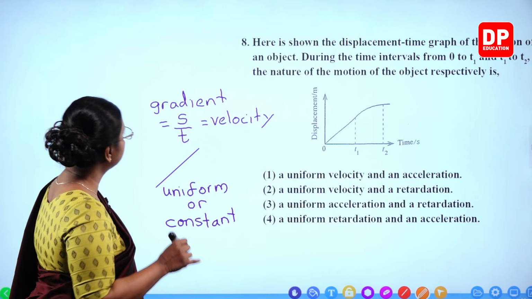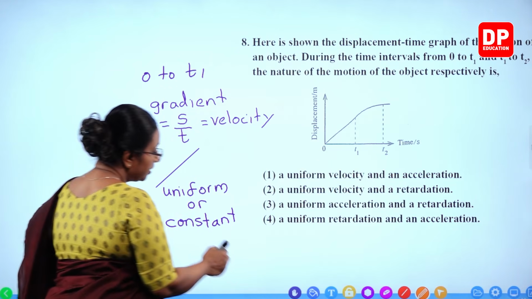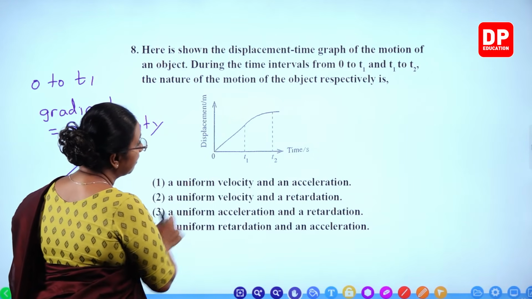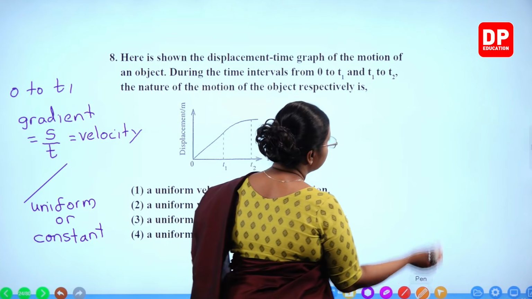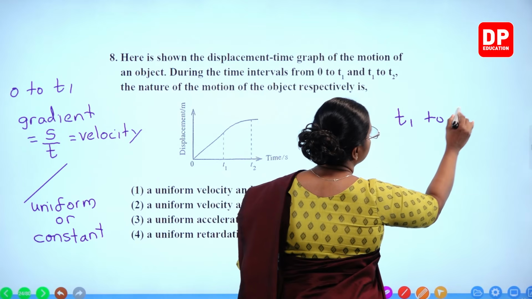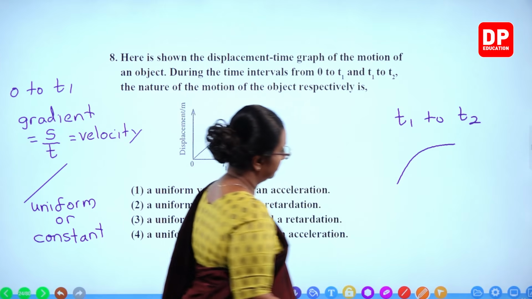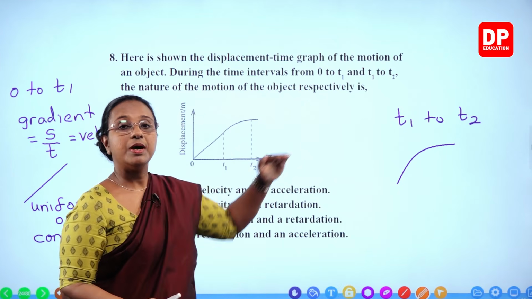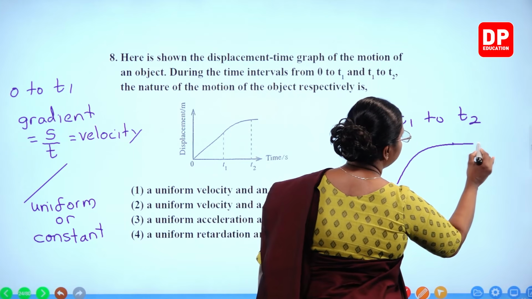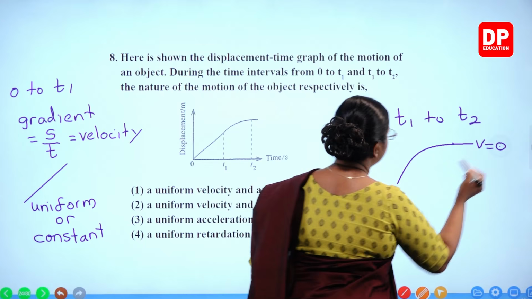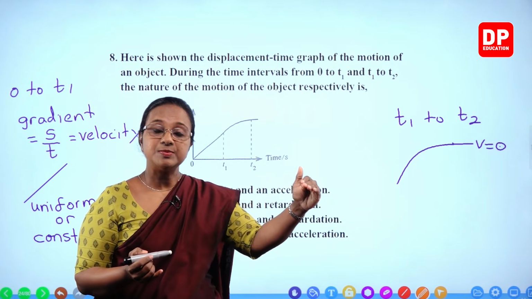Then look at t1 to t2. On the other side, if you look at t1 to t2, what do you see there? There you can see students from t1 to t2, the slope decreasing. Now here, if it goes straight, that means velocity 0. You can remember when it is a graph that is parallel to the x-axis, displacement doesn't change.